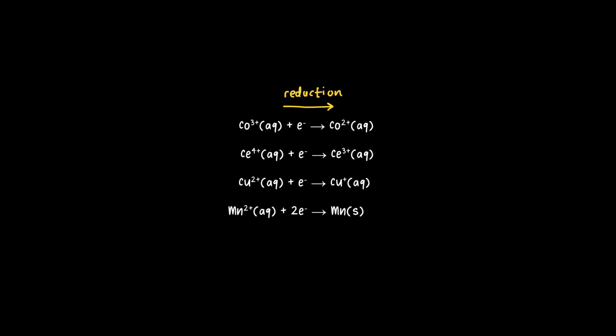It was not capable of reducing cerium. Cerium was capable of oxidizing copper, and copper was capable of oxidizing manganese. And so we have this full table, and we could do this with more reactions, or we could try to put this into an experimental data table form if that's easier for us. But we now have two ways of solving this type of question.